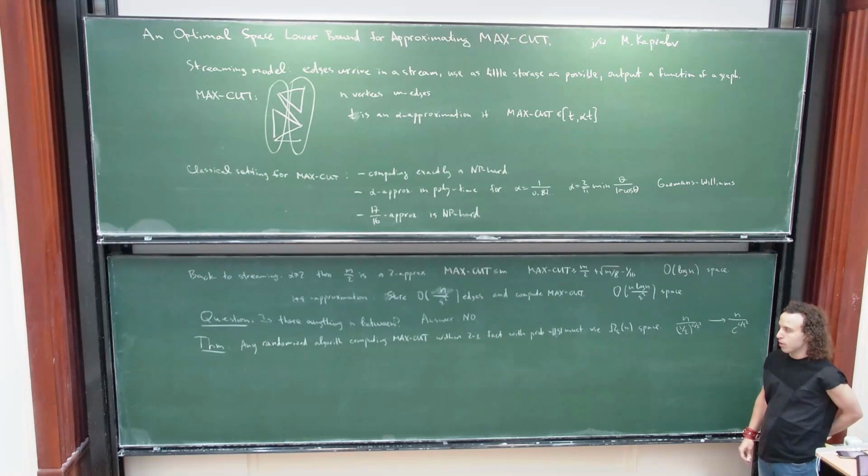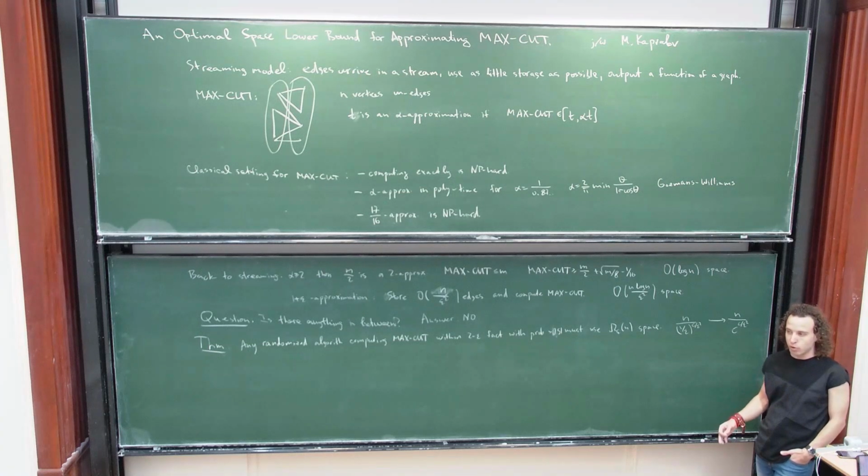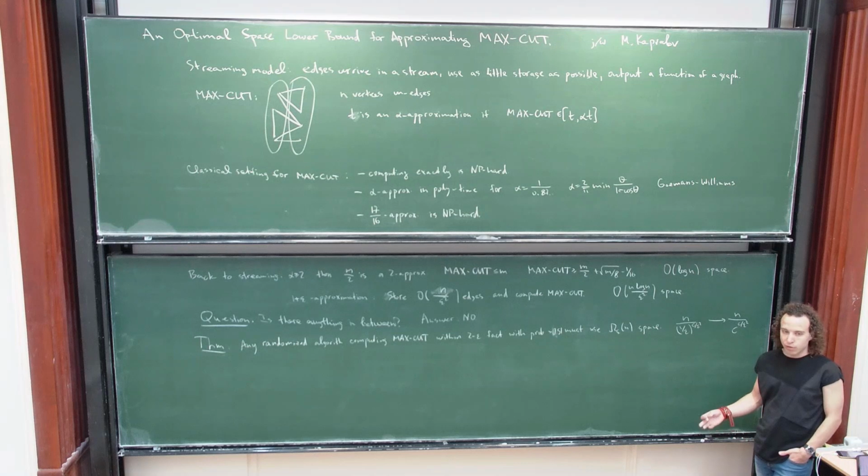Typically, let me, maybe before saying the problem to which you're going to reduce this, tell you the reduction, which will explain roughly what the problem should be. So the typical reduction is you have two players, and the first player is going to run the first half of the algorithm on the first half of the stream.